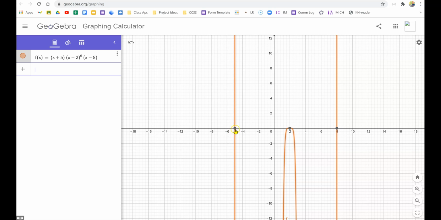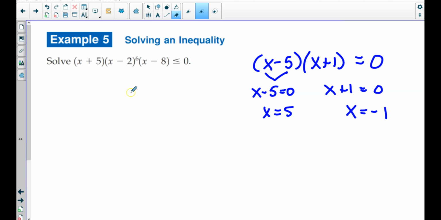Okay, notice this graph crosses the x-axis at negative 5, at positive 2, and at positive 8. Now what I need to know is, where is that graph less than or equal to 0? Where is it below or touching the x-axis?